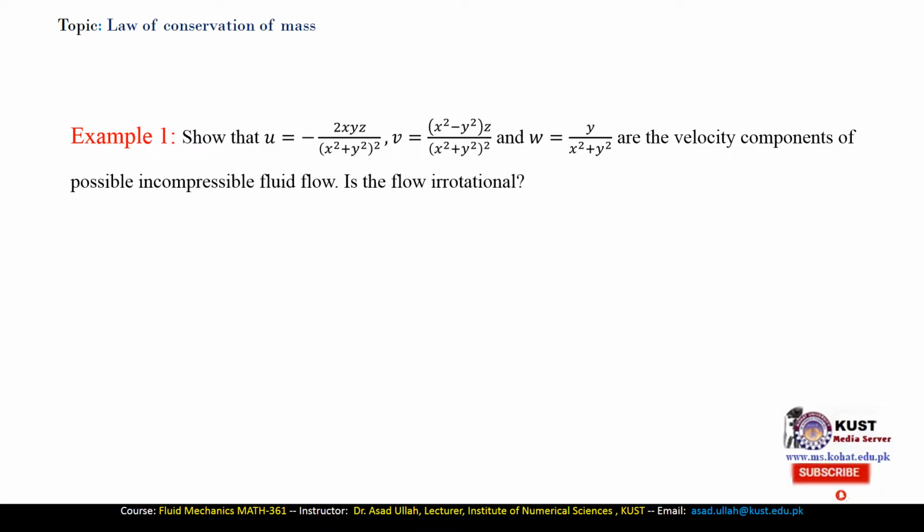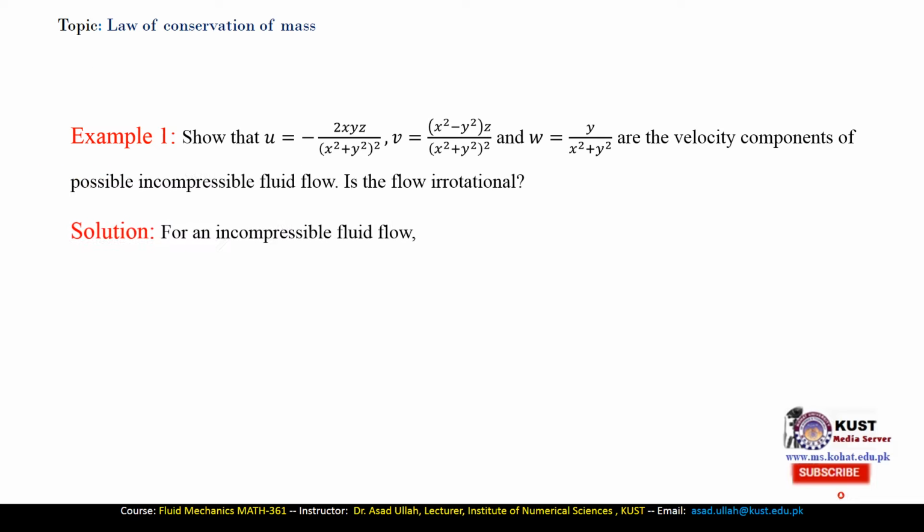In this example, we have to check whether the velocity components u, v and w satisfy the equation of continuity for the incompressible fluid flow. If it satisfies the equation of continuity, then the fluid flow is said to be possible. In the second case, we have to check whether the fluid flow is rotational or irrotational.